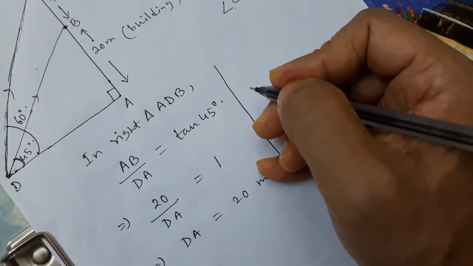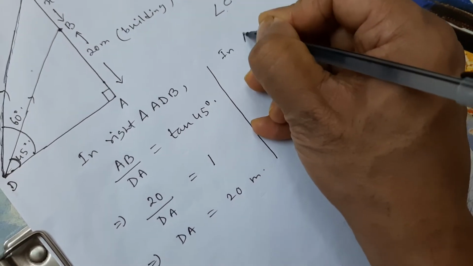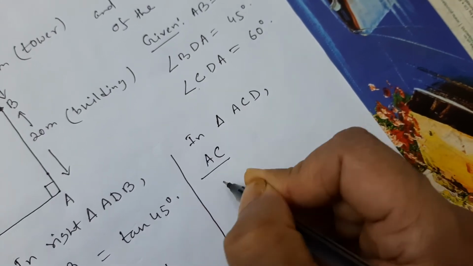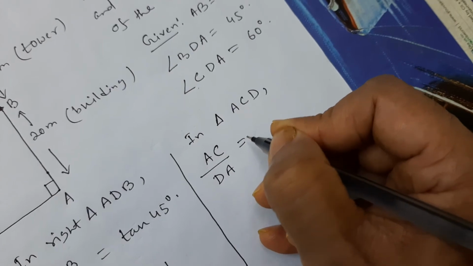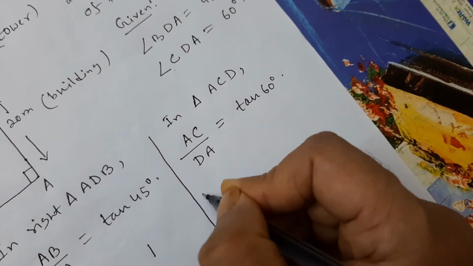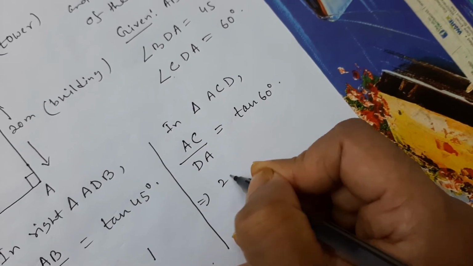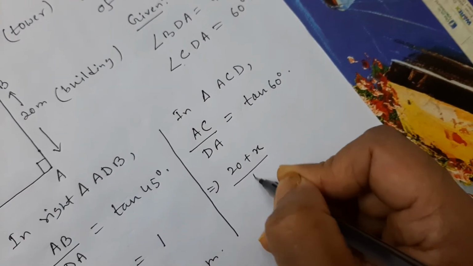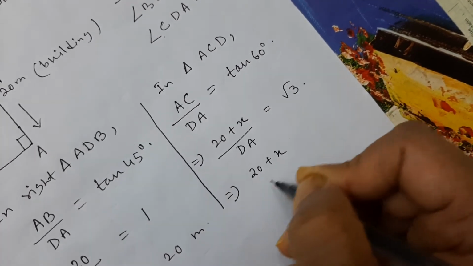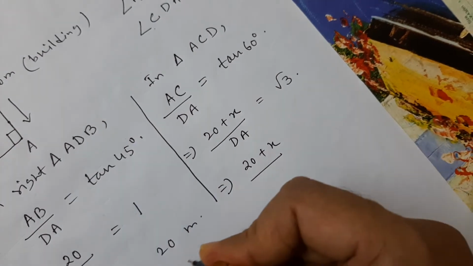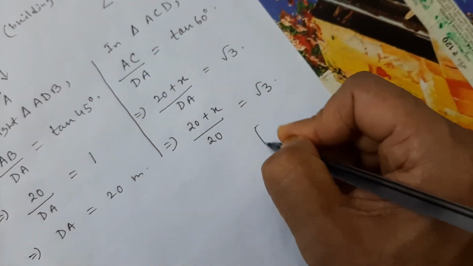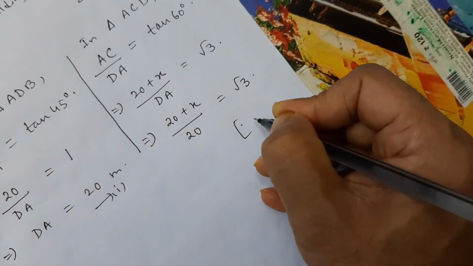Now another triangle, that is ACD. In triangle ACD, AC by DA, perpendicular by base, tan of the total angle 60 degrees, and AC is 20 plus X. AC divided by DA equal to tan 60, root 3, so 20 plus X by DA, and DA we already got, DA is 20, equal to root 3, which you can write as root 3 by 1.